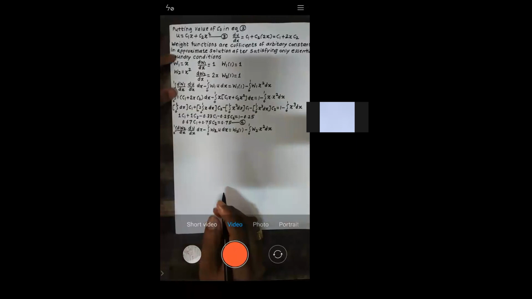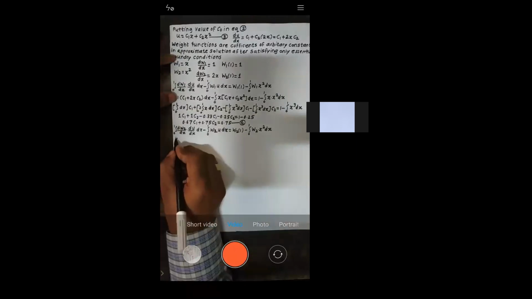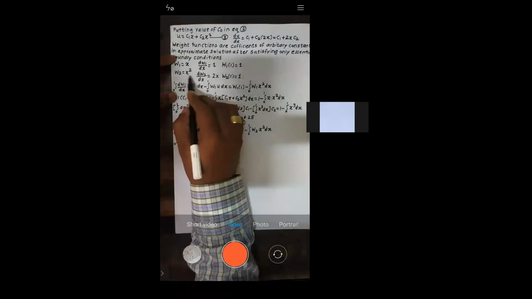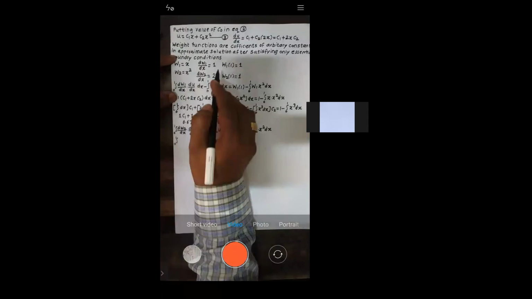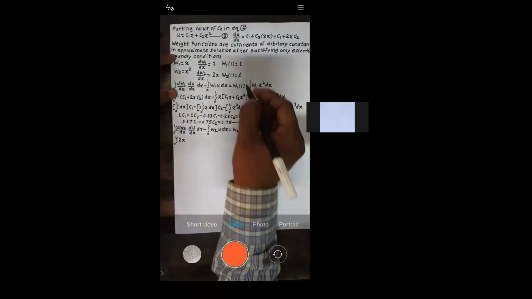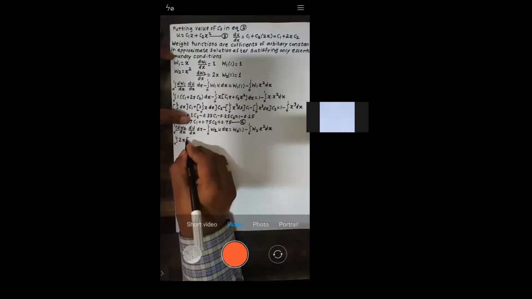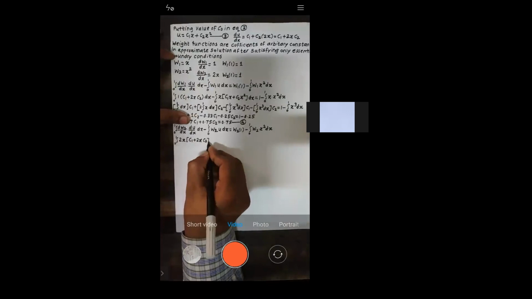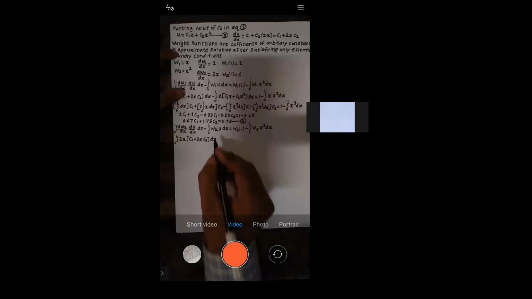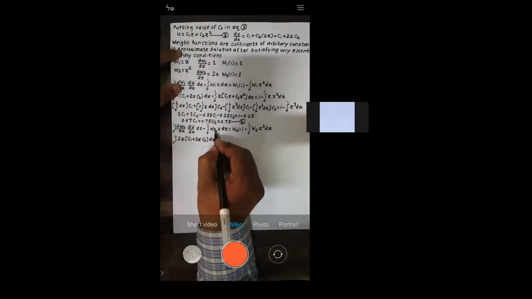Is it okay? Now just keep on putting the values. So 0 to 1, what is dW2 by dx? It's twice x, 2x. What is du by dx? It is C1 plus 2x C2 into dx. Right? Next, minus 0 to 1. What is the second weight function W2?